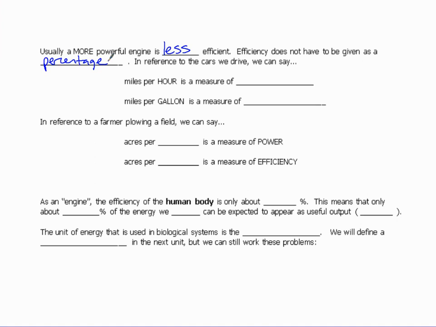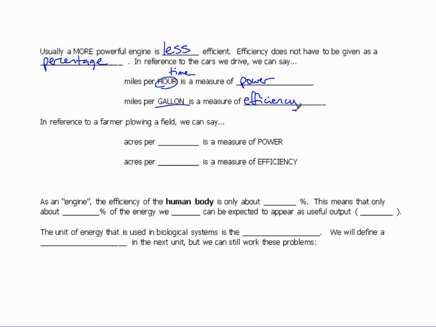In reference to the cars that we drive, we can say miles per hour, so that's time, could be a measure of power. Miles per gallon is a measure of efficiency.